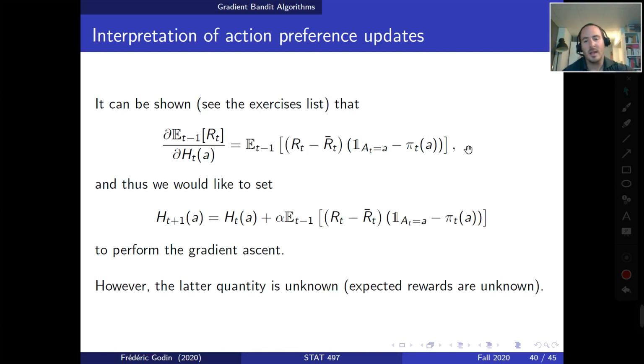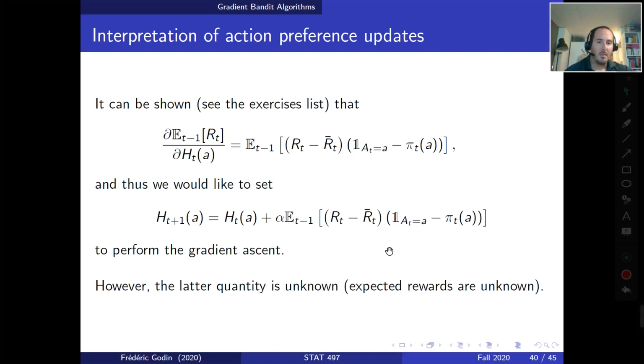So we would like to do the following to have a gradient ascent algorithm. For all actions A, the next preference is the current preference plus alpha, some small constant, times the expectation of the difference between the reward at play t minus the historical average, times this. So this is what we'd like to do.